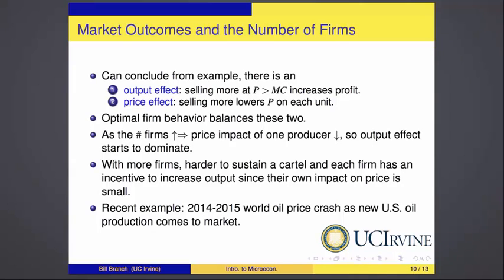And as you had this increase in the number of firms, especially firms that weren't members of OPEC to begin with, and so weren't a part of these cartel agreements, it became harder to sustain the cartel. And Saudi Arabia eventually relinquished on the cartel agreements and increased their production to match. And so what we've seen is that the oil market has looked like a much more competitive market than it did before. And that accounts for a lot of the decrease in oil prices.